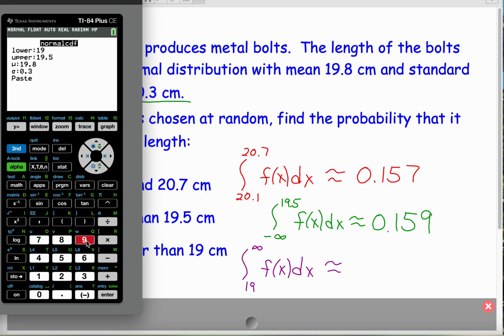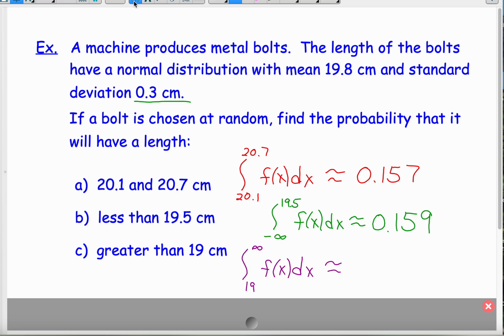We're going from 19, and for the upper limit I could punch in something like 22 and I should be fine. If I want to be safe, I can plug in something a little bit bigger, say 25. And we get 99.6%, so 0.996.